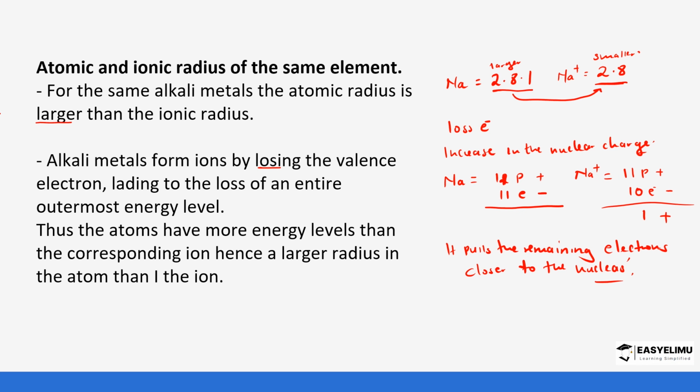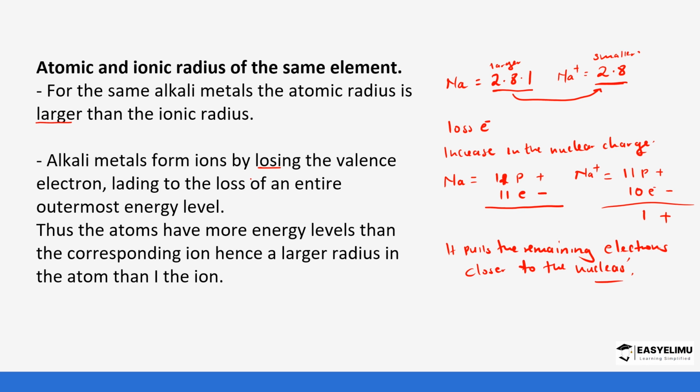The second reason is that when the electron is lost from the sodium atom, there's an increase in the nuclear charge, which pulls the remaining electrons closer to the nucleus. Those are the two reasons why the atomic radius is larger than the ionic radius.